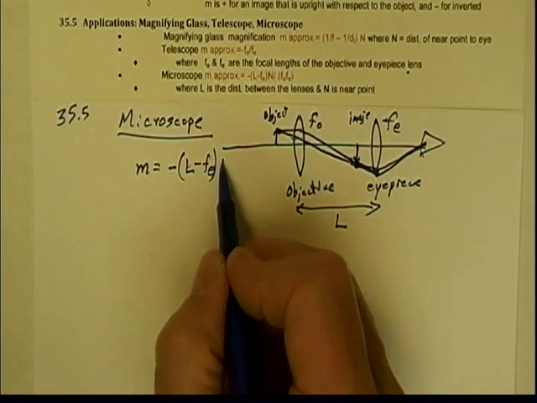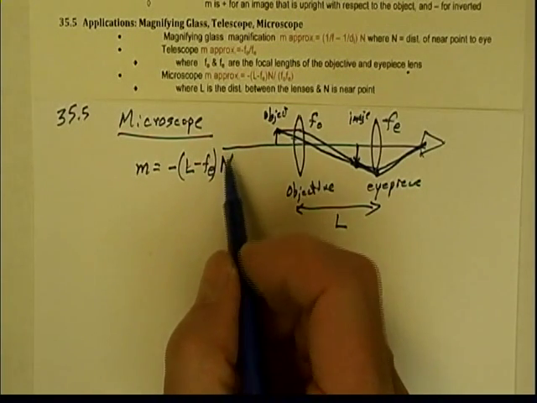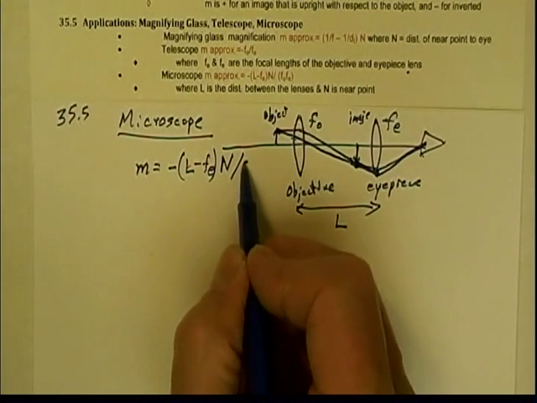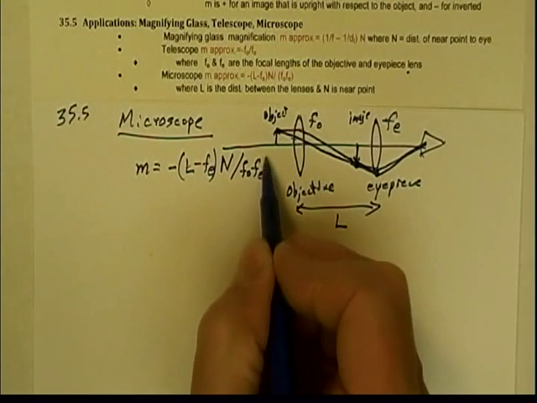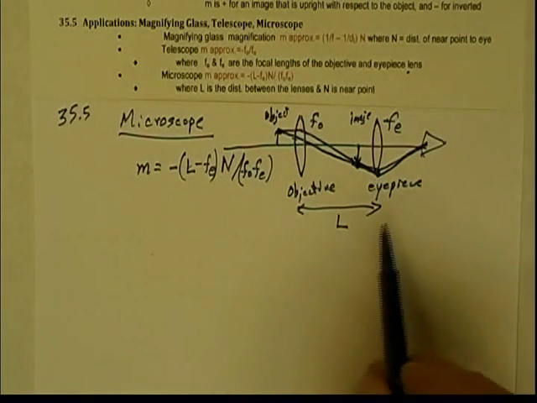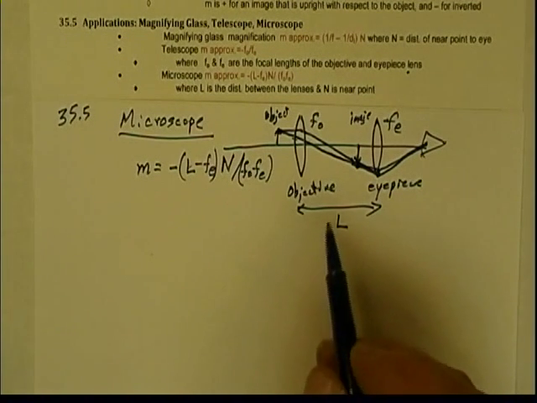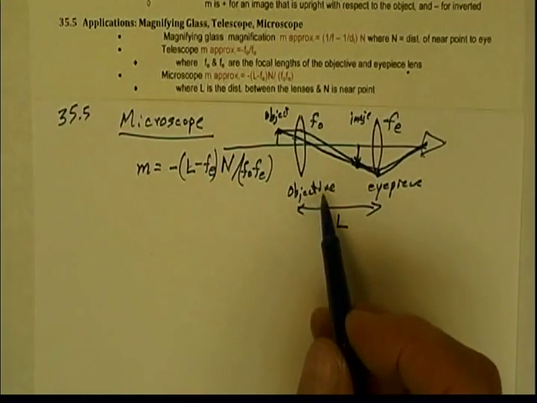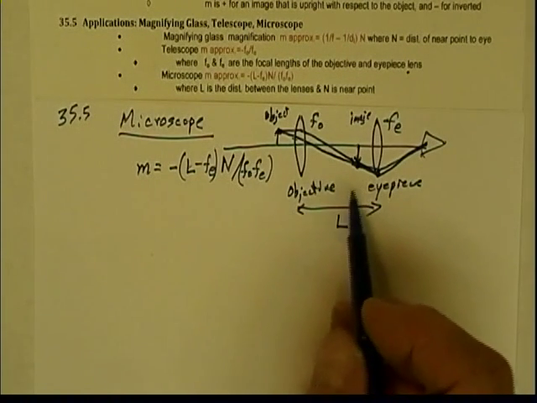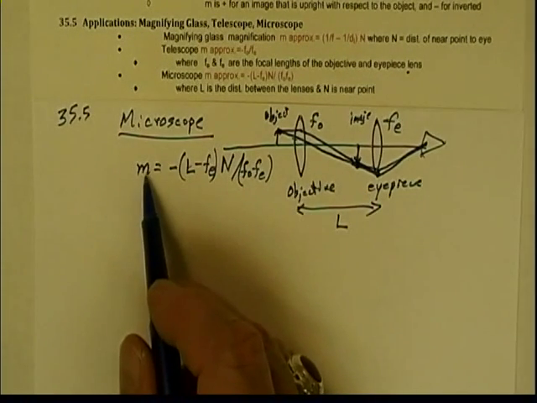We're not going to derive this formula either, but it can be used to give you an overall sense of how we would do the microscope and compute its magnification.